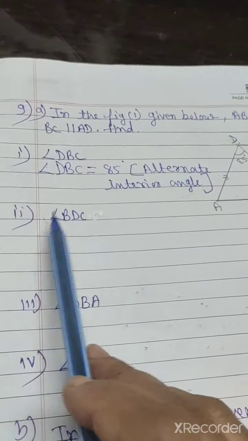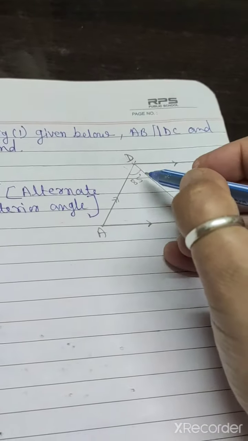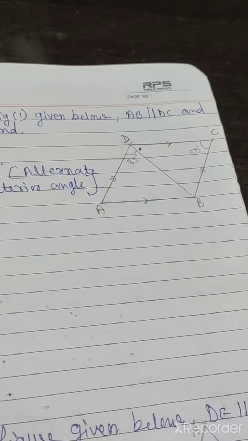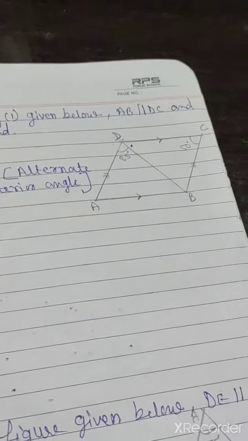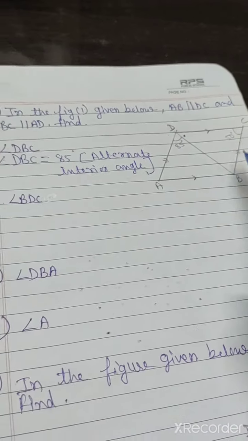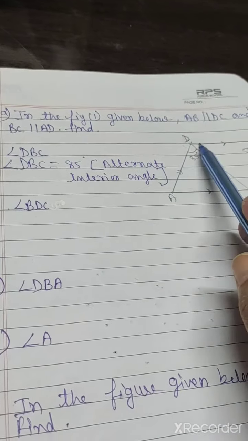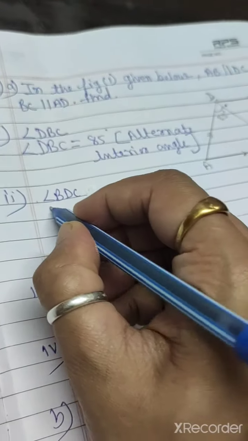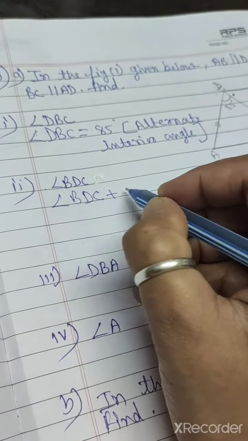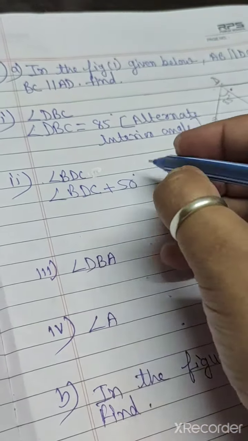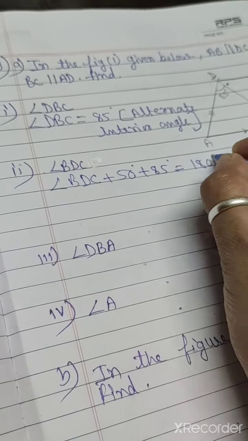Next, BDC, this one. So in BCD, by angle sum property, 50 degree plus 85 degree plus this angle, sum of these three angles is 180 degree. BDC plus 50 degree plus 85 degree is equal to 180 degree.